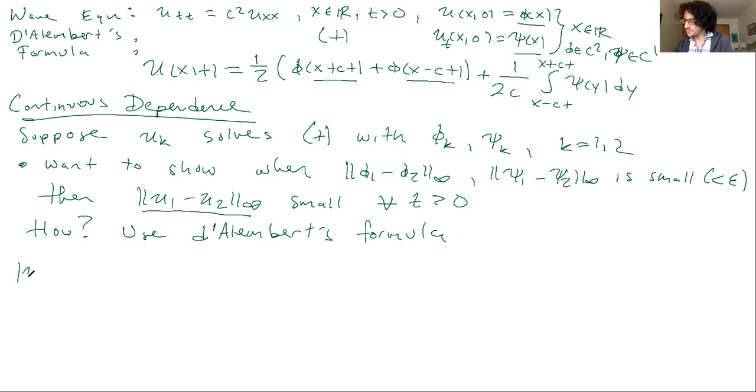So let's compute just u1(x,t) minus u2(x,t).